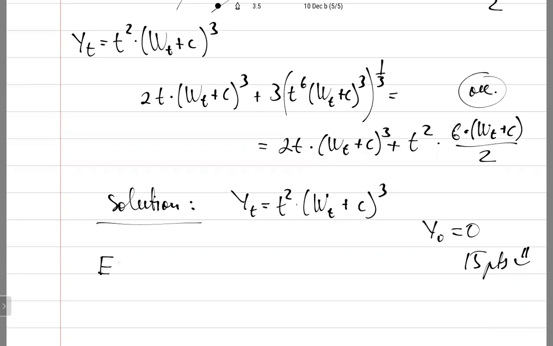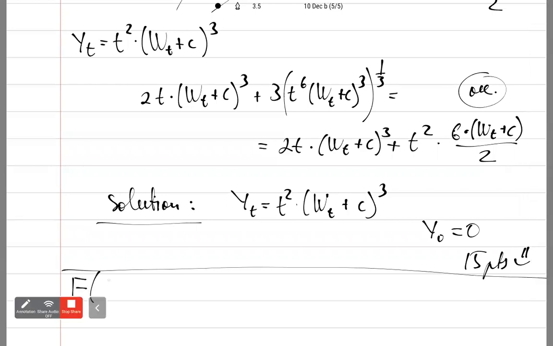So what is the expected value of y_t? Let's think how it would be faster to solve it. Okay, for expected value, it's more or less easy.